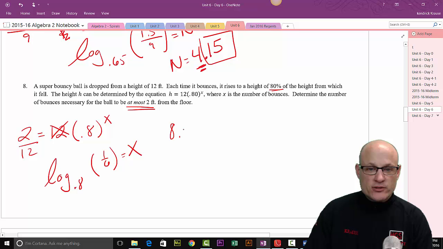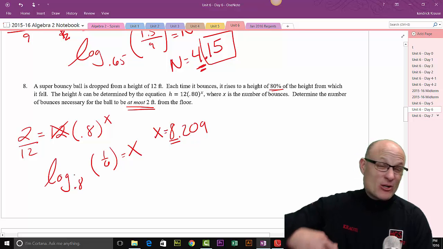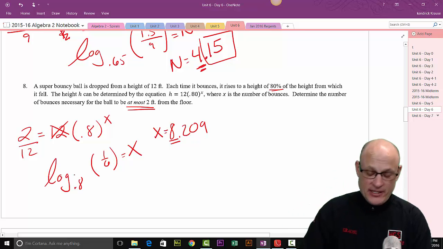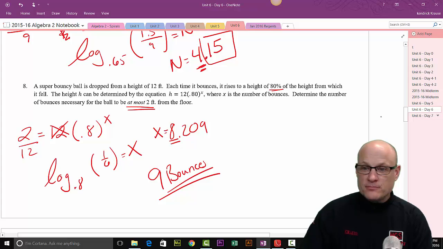So 8.209 is equal to x. Again, after 8 bounces, it's going to go up slightly higher than 2 feet. So the answer is 9 bounces. Moving on.